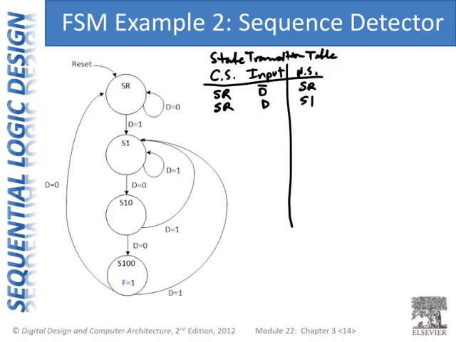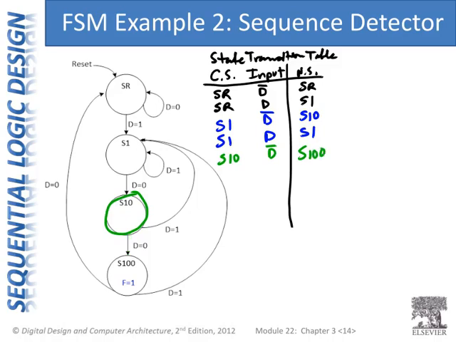Next one, if we're in S1 and D is low, then our next state should be S1, 0. If our current state is S1 and D is high, then we go back to S1. If we're in state S1, 0 and D is low, then we should go to S1, 0, 0.